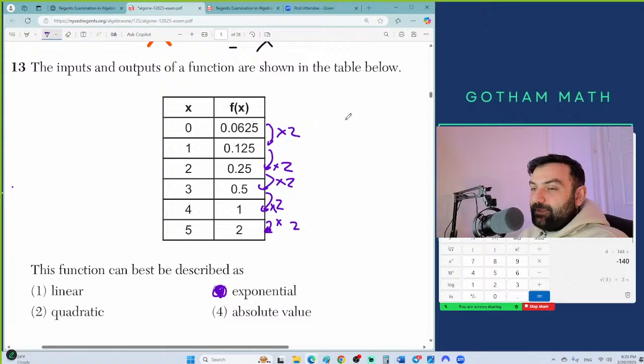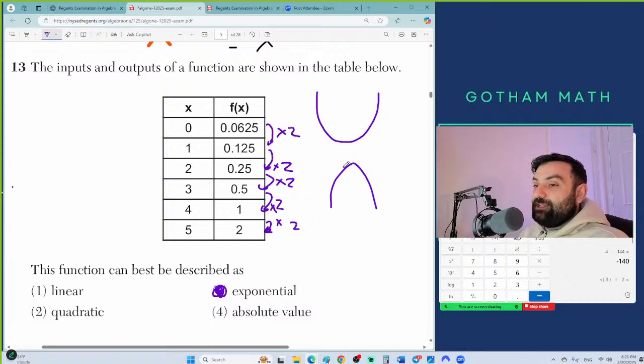Quadratic is going to go down and then up, like -2, -3, -2, -1, 0, and then 1, 2, 3. You know, it's going to go down and up, or up and down. But here it's just consistently going up times 2.